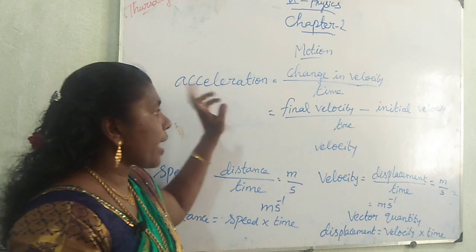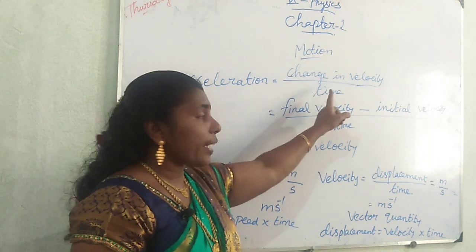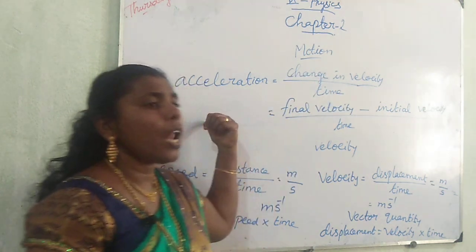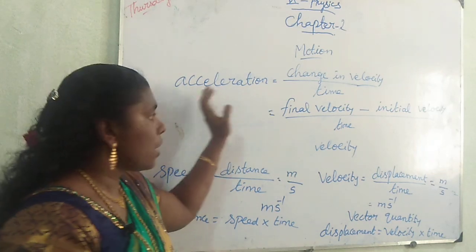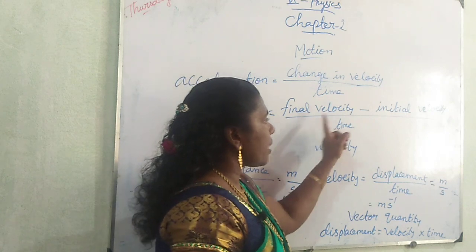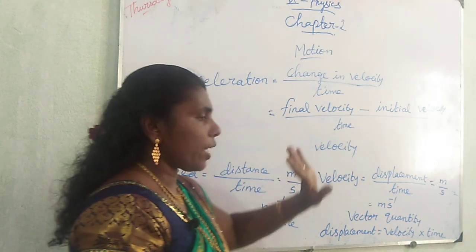What is the definition for acceleration? Rate of change of velocity is called acceleration. So here change in velocity is final velocity minus initial velocity divided by time.